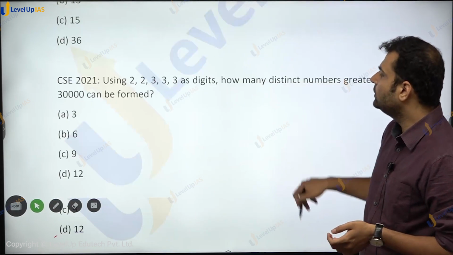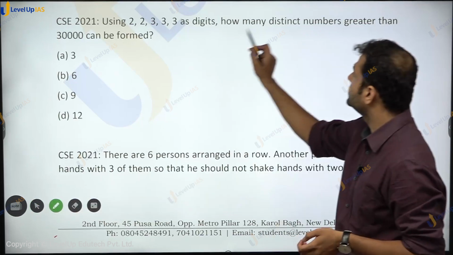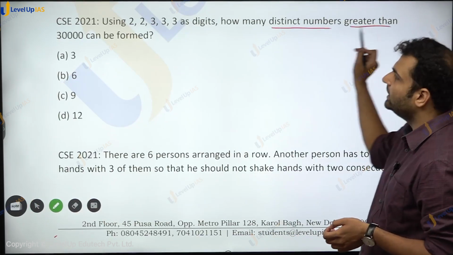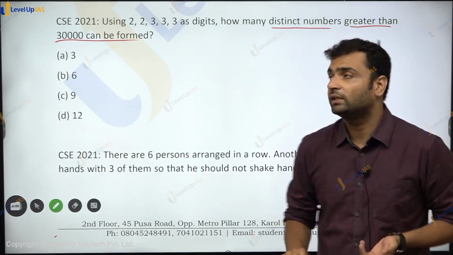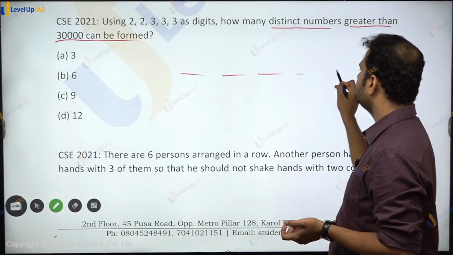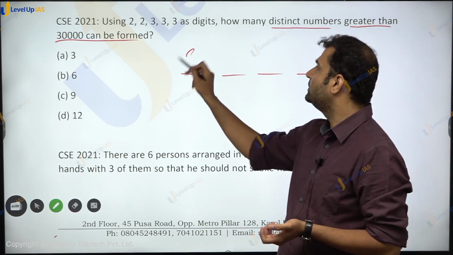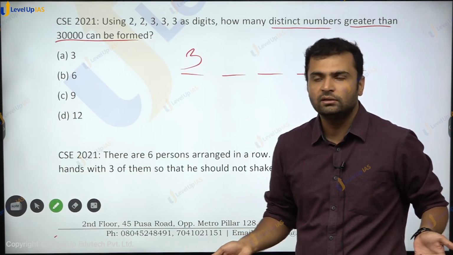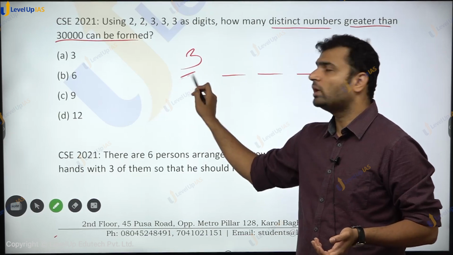Next, using 2, 2, 3, 3, 3 as digits, how many distinct numbers greater than 30,000 can be formed? We want to form numbers greater than 30,000, so it means a 5-digit number. If you want a number greater than 30,000, a 3 must come here, a 2 cannot come, right? So the 3 is fixed, and now there is no choice left.